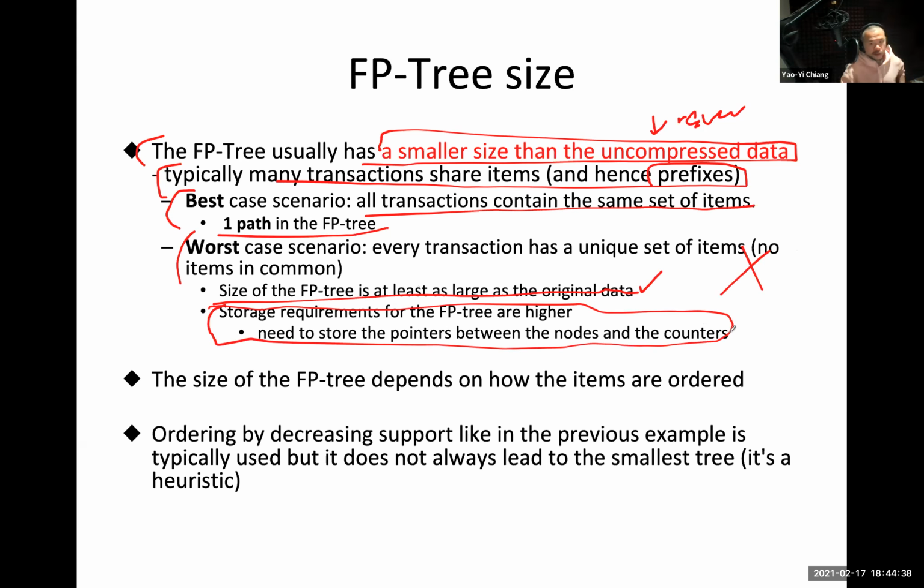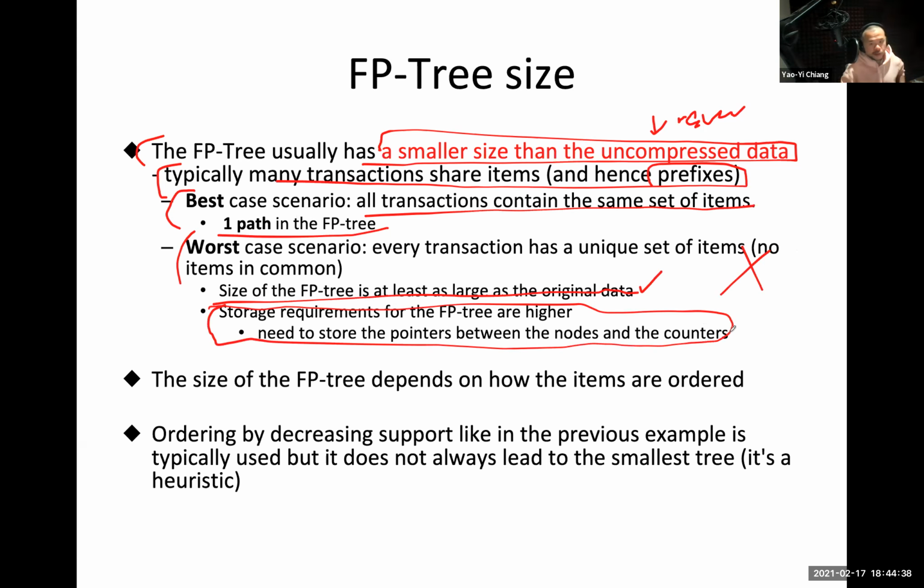And if you have many prefixes that are shared, then in the best case scenario, you have one path. Ordering by decreasing support like we did in the example is typically used, but it does not always lead to the smallest tree. That means no one has proved this. It's just a heuristic. It works well in practice.